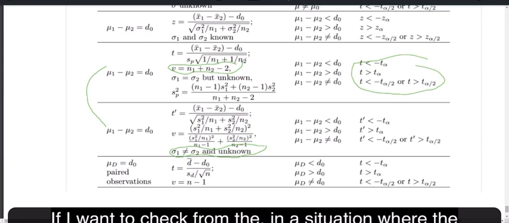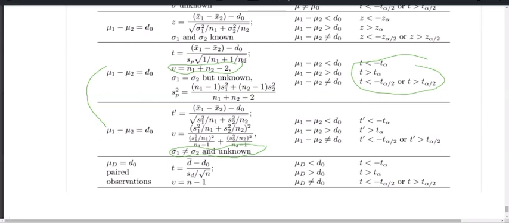But what if they are not given and not assumed to be equal? You need this formula here to figure out the degrees of freedom. Don't forget, if you want to check from the t table, you check under a certain degrees of freedom.